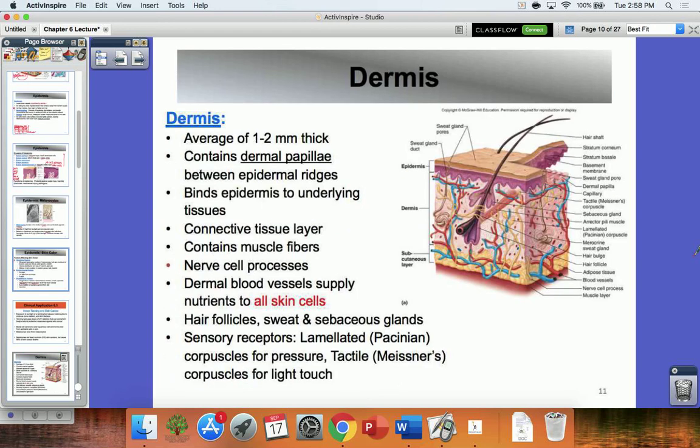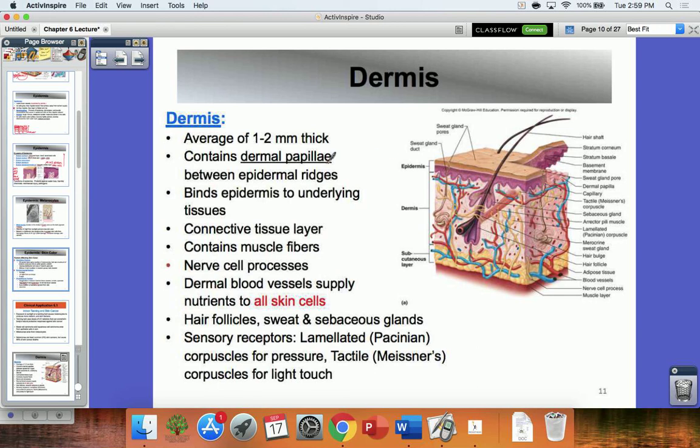So the next part of the skin under the epidermis is the dermis. This is the extremely thick part of the skin here, and it has so many different structures in it, but one of the structures are dermal papillae. And that's these little lumps and bumps right in here.